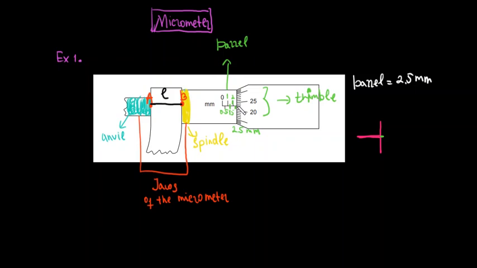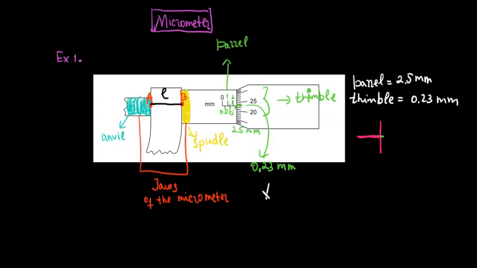It's perpendicular at this point. If I read this carefully on the vertical scale of the thimble, this point over here is going to be 0.23 millimeter. So the reading of the thimble is 0.23 millimeter.